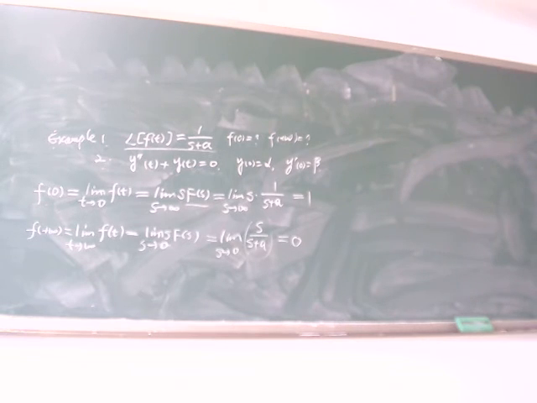We take the limit of 1 by 2 minus 2 and plus 1, as s tends to infinity. If s tends to infinity, this part is 0, but the result is 1 by 2.